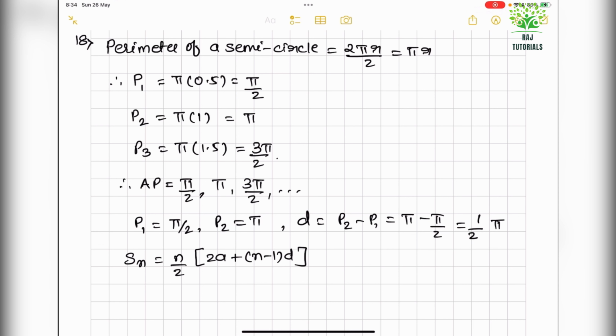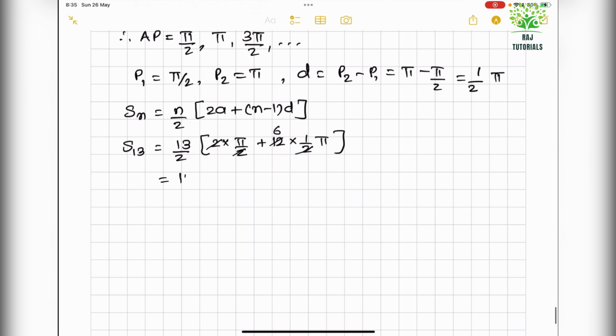So here S13 equals 13 by 2 into 2 into a, which was pi by 2, so the 2 cancels, plus (13 minus 1), that is 12, into d. d is half pi, so 6.